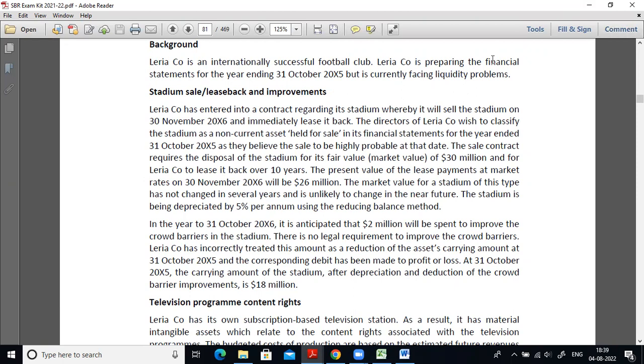Can we assume that it is a sale and lease back? Can we assume that the risk and reward is transferred? As per IFRS 15, can we assume it as a sale transfer? Yes.